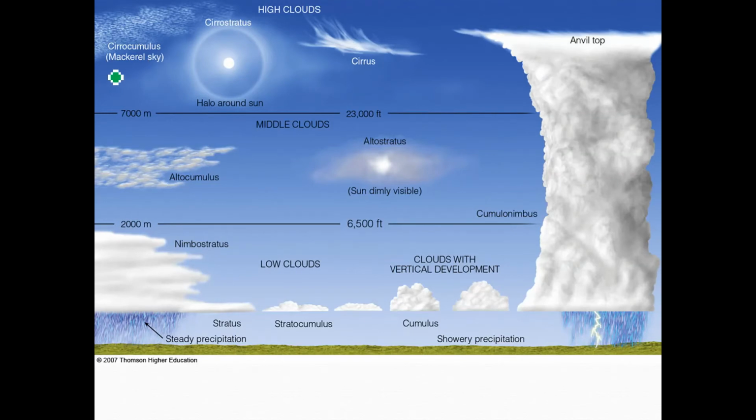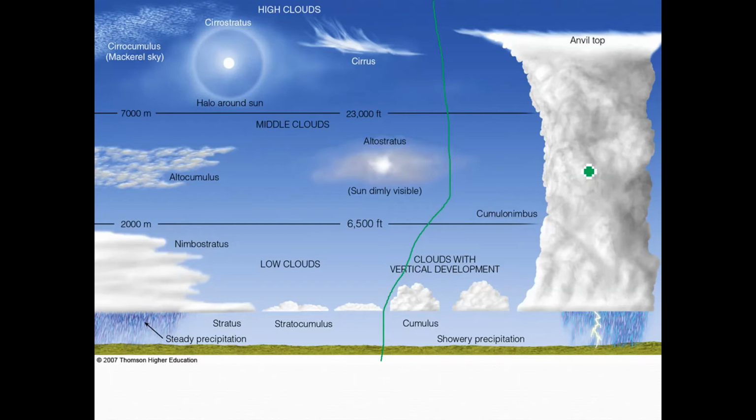Now there is one exception to this, and that exception happens over here. Over here, we have what are called vertical development clouds. This is the 4th category. These are clouds that can actually span across multiple layers, multiple heights in the troposphere.